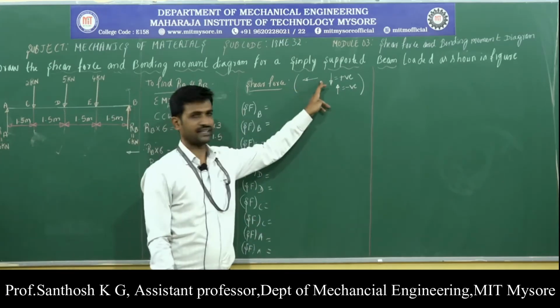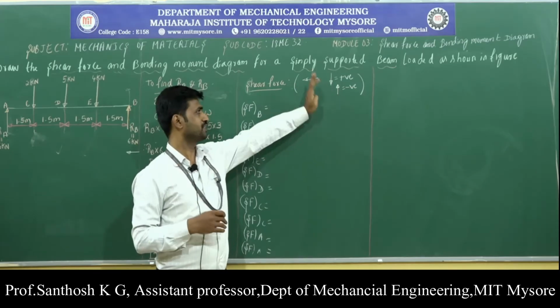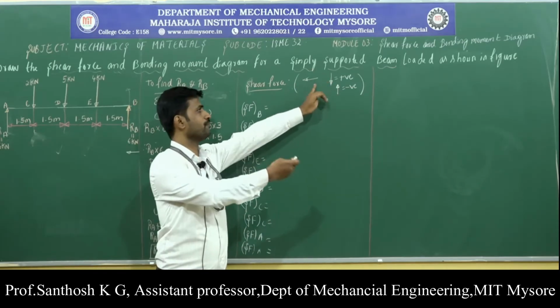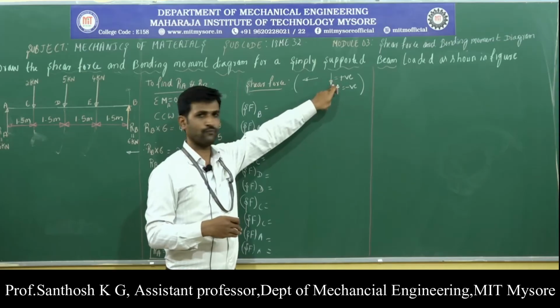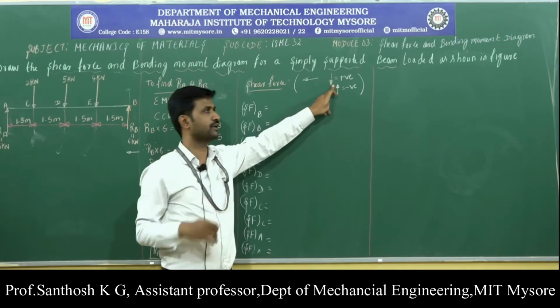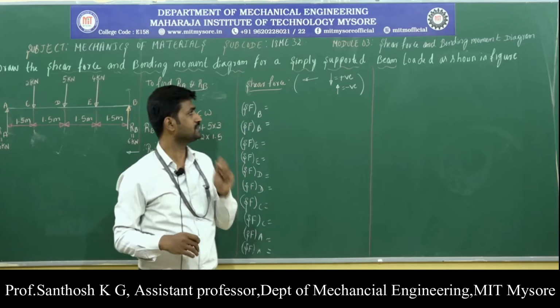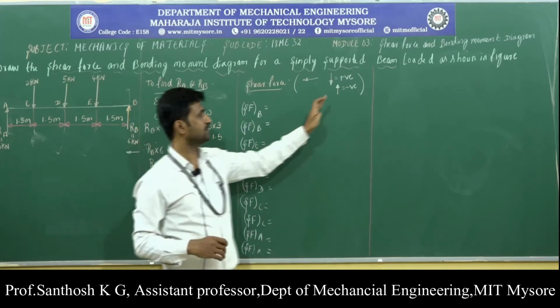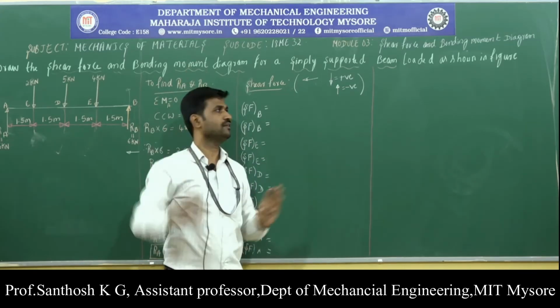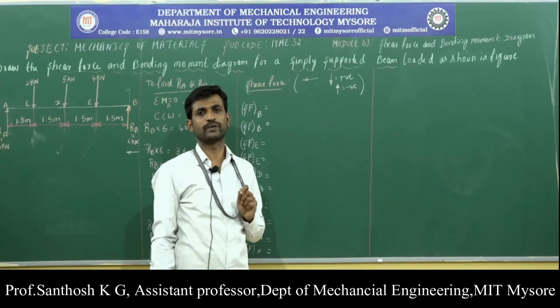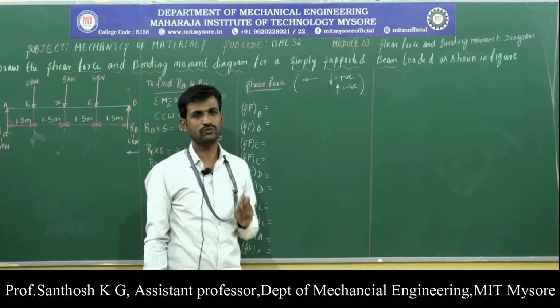Now, the second convention we will be using is, whenever we are moving from right to left, the shear forces that are acting in the downward direction should be considered as positive, whereas the shear forces that are acting in the upward direction should be considered with the negative sign.